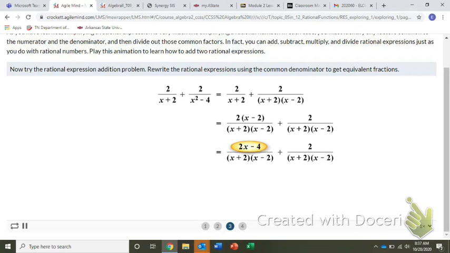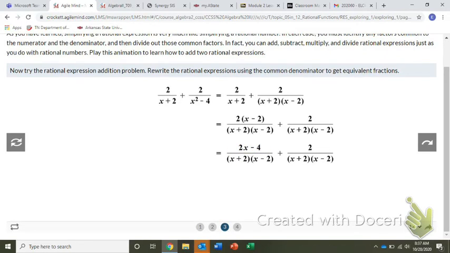All right, they simplified. They say 2x minus 4. All they did was distribute that 2. Now, before I hit the number 4, are my denominators the same now? Yes. So the only thing left to do is combine the numerator.